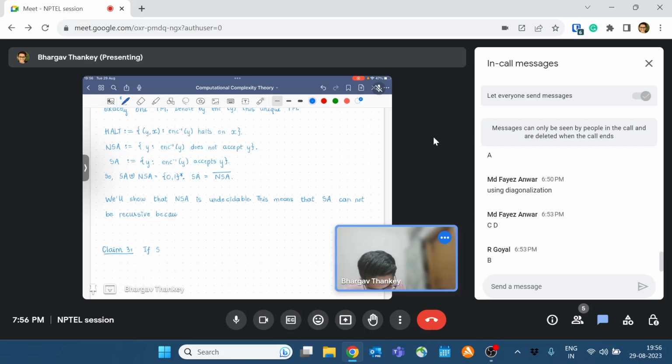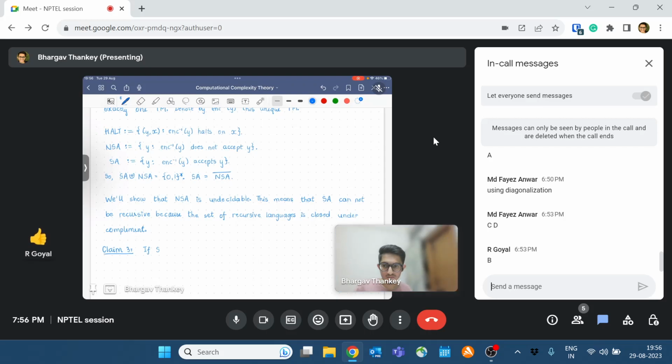Because the set of recursive languages is closed under their complement. Okay, so is this claim clear that if NSA is undecidable, then SA cannot be recursive?